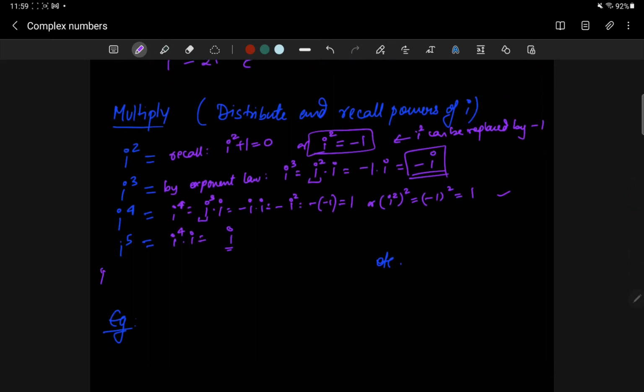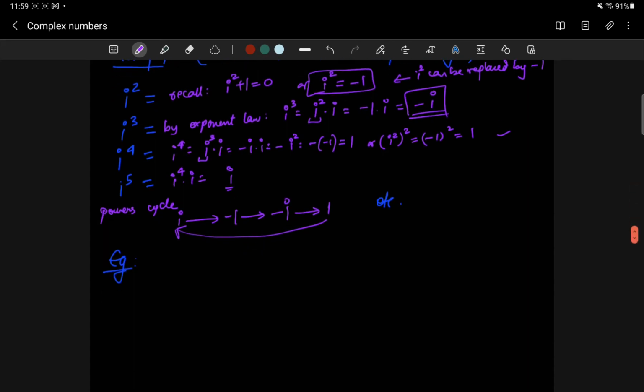So this means these powers cycle. You start with i, then you go to negative 1, then you go to negative i, then you go to 1, and then you switch back to i. They have this very nice pattern that higher powers of i just keep repeating.